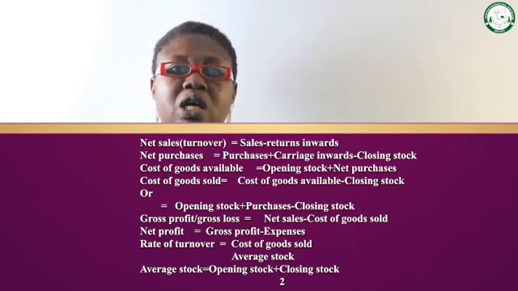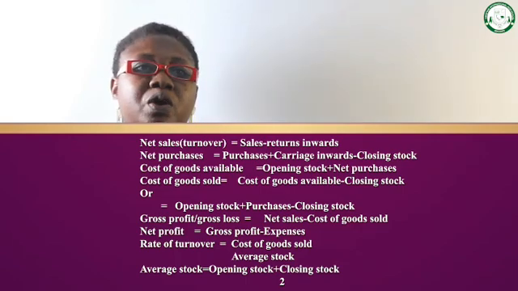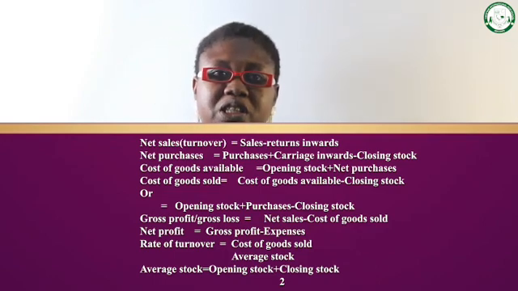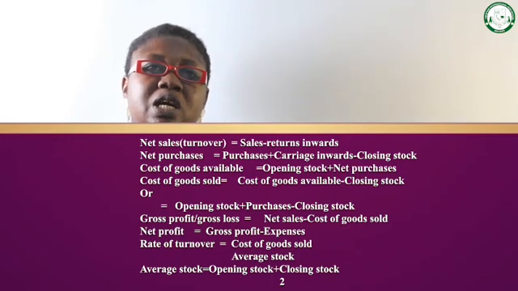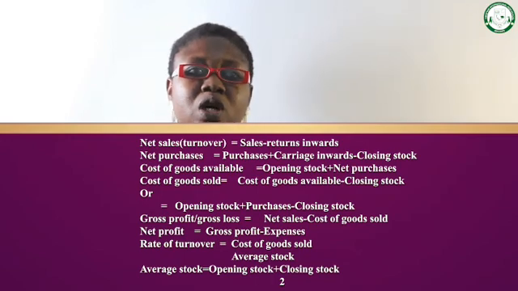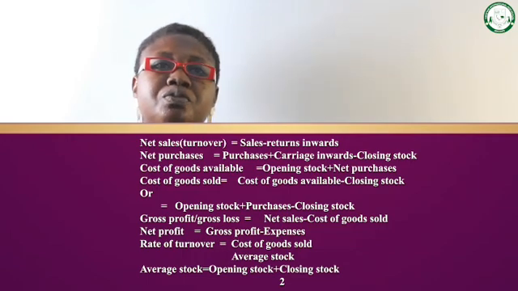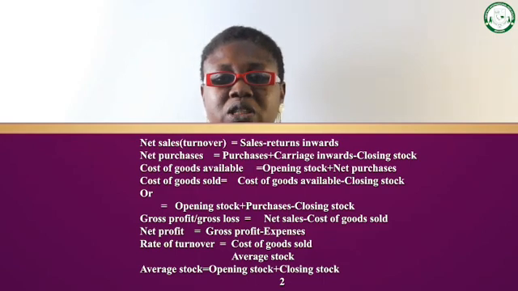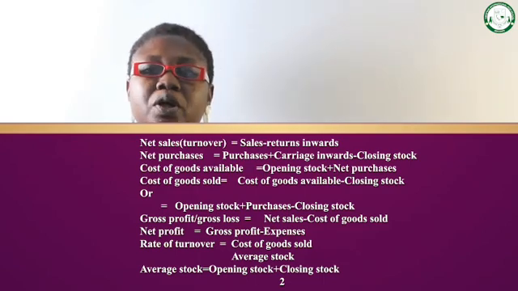And then we also have net purchases. The calculation of net purchases is purchases plus carriage inwards, minus closing stock. Purchases plus carriage inwards minus closing stock will give you net purchases.